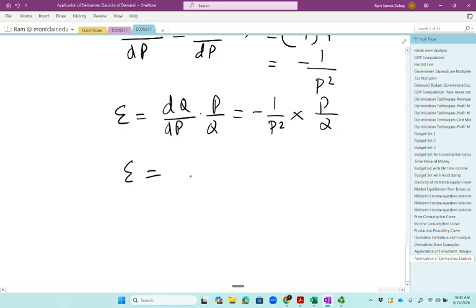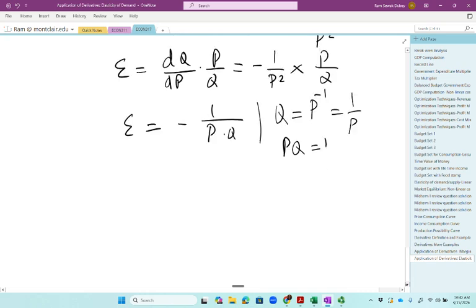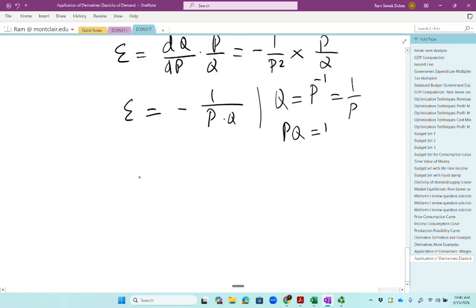P divided by P square is negative 1 over P times Q. And if we see the inverse demand carefully, remember it is Q equal to P to the power minus 1, which is 1 over P. I multiply both sides by P, I obtain P times Q equal to 1. So this can be applied in the formula here, minus 1 over P times Q, which turns out to be 1.